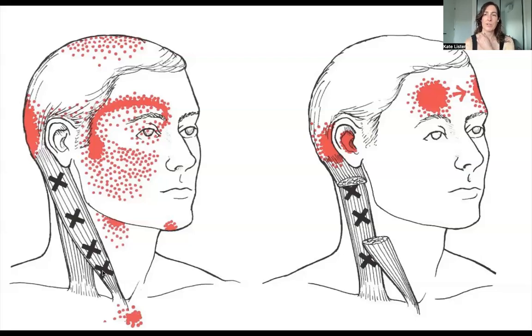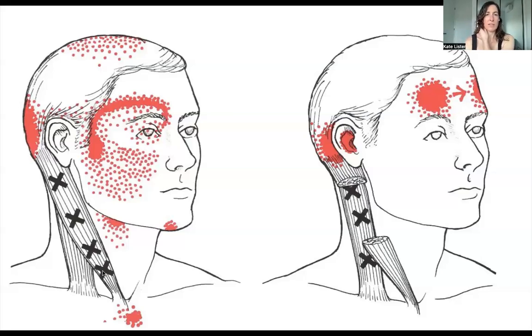And again, just feeling out the muscle itself, moving up from the origin to the insertion and just noticing if it feels different to the other side. This side for me is a little tighter up the top. And it does still refer to my ear, but it also comes into the back of my head a little bit and a little bit at the top.